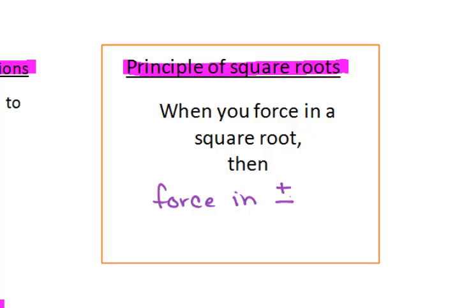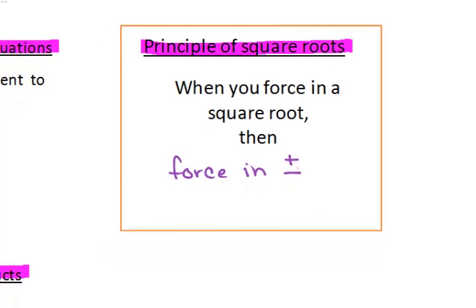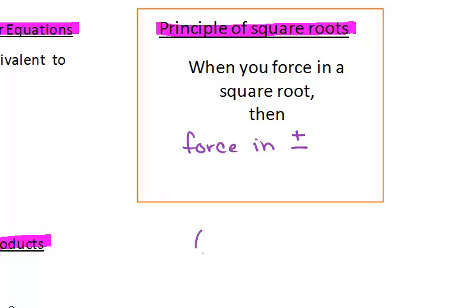And the reason for this is because if we do it in reverse order, so if we had something squared, if we had a positive number squared, positive times positive is going to give us a positive answer. If we have a negative number squared, that is a negative times a negative, which also gives us a positive answer.